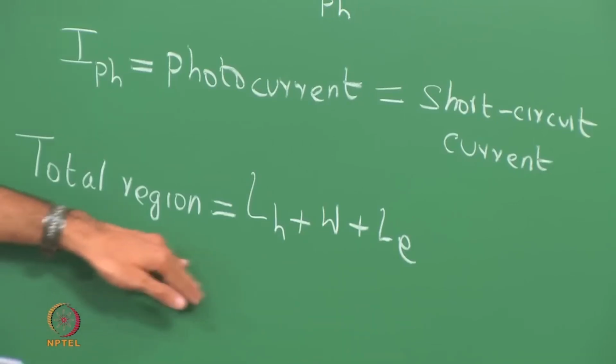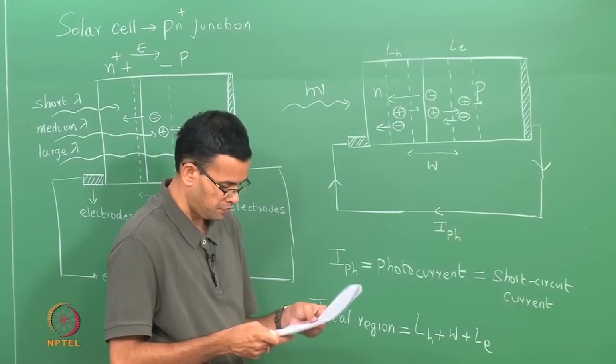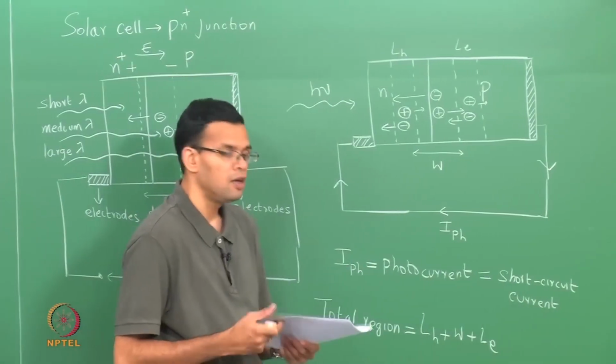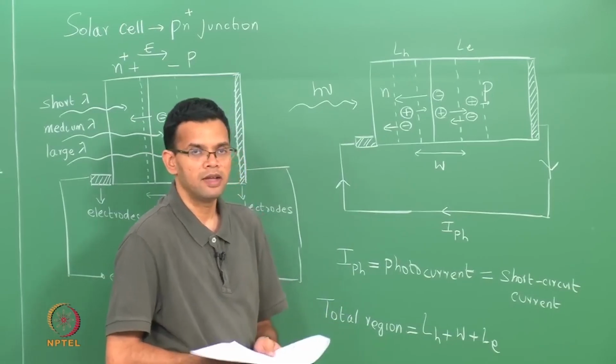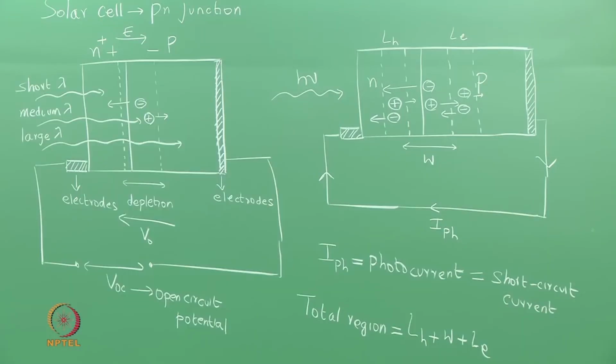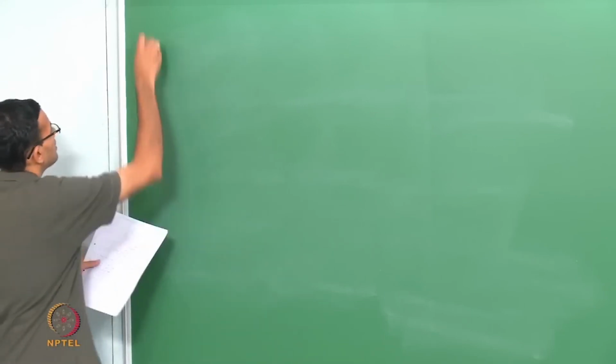So, electron holes generated from this region contribute to the current. So, let us now go ahead and calculate the IV characteristics of a solar cell. So, let us look at the IV characteristics of a solar cell.